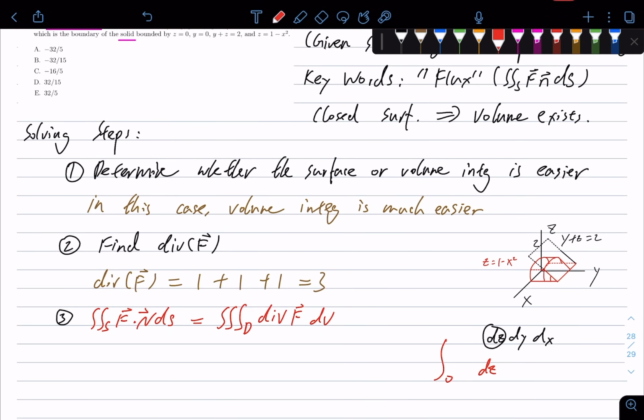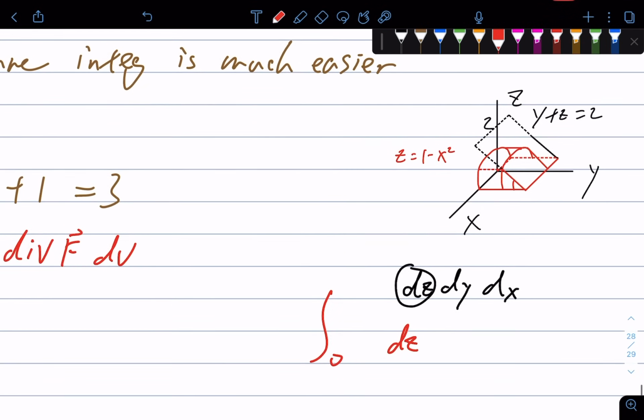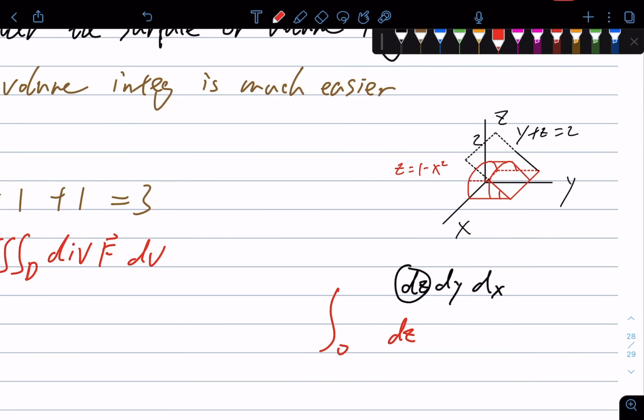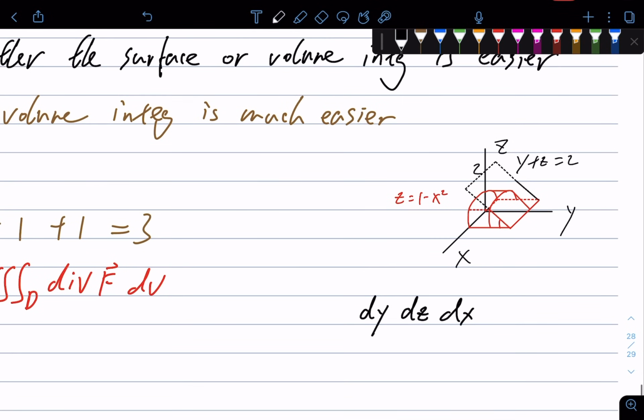So what are we gonna do? How about we try the dy first? Okay, let's try with dy first, and then let's go with dy dz dx. Again we're gonna face the problem with 0, and then what's the upper region?